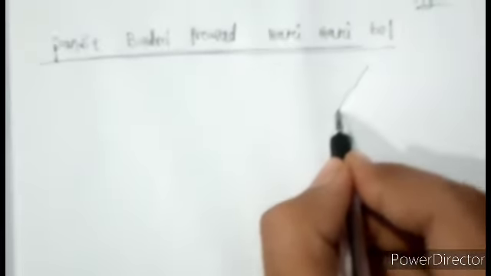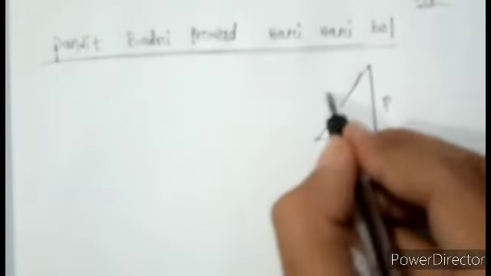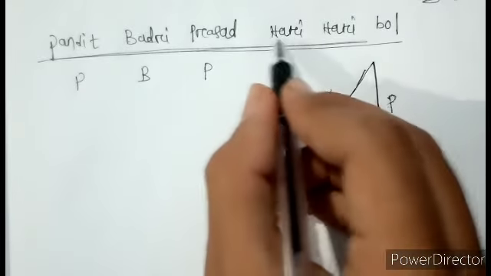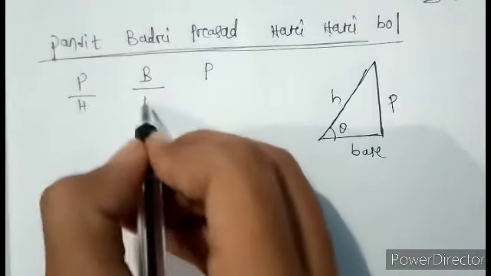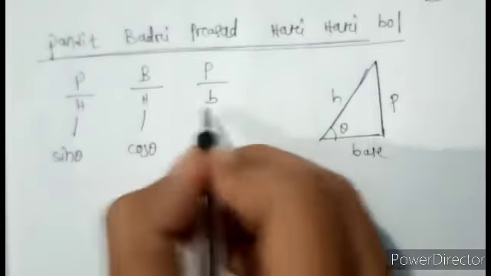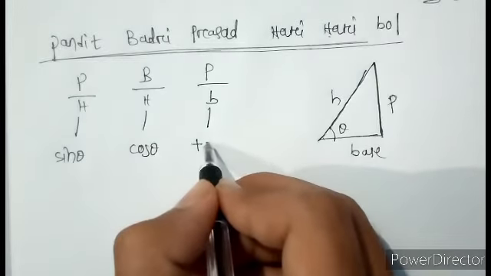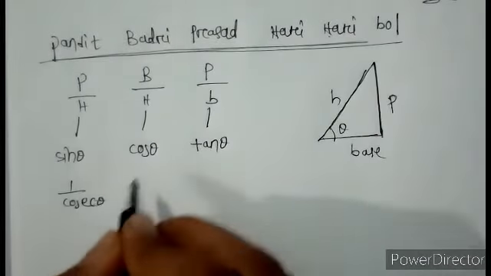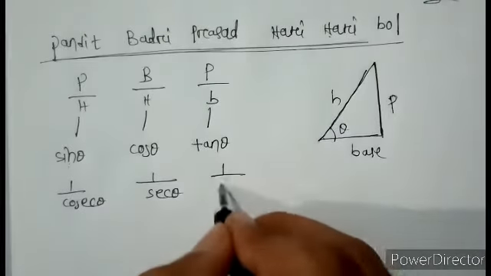If we consider this is a triangle, and we know that this is the base, this is the perpendicular, and this is the hypotenuse, and if we consider that is theta, then Pandit for P, Badri for B, and Prasad for P, and divide, Hari Bol, that is divide H and divide B. So this is the formula of sin theta, this is the formula of cos theta, this is the formula of tan theta, and the reverse will be 1 by cosec theta, 1 by sec theta, 1 upon cot theta.